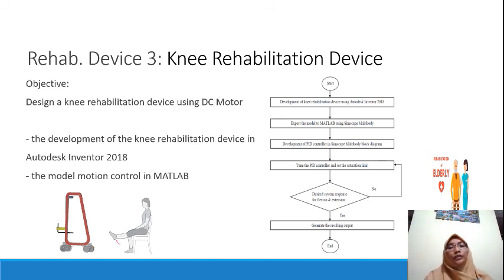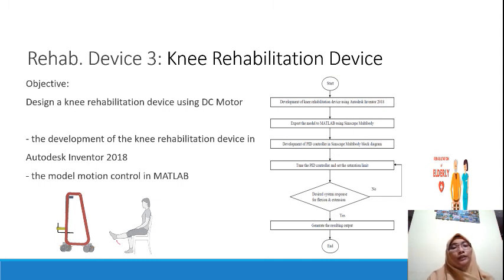So we use the similar concept from rehab device 1, then implement it in the knee rehabilitation device, which only involves 1 joint instead of the 2 joints of device 1.